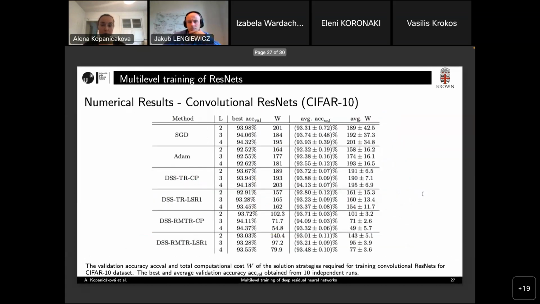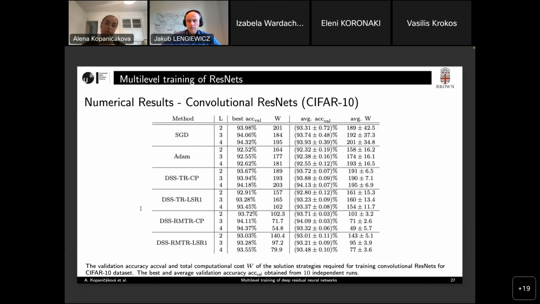To have more concrete results, here we report the best validation accuracy and computational cost for all six methods, and we performed this experiment with increasing refinement level, so an increasing number of levels and layers.